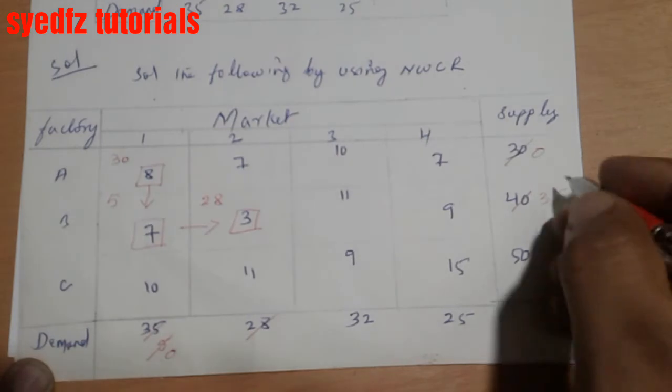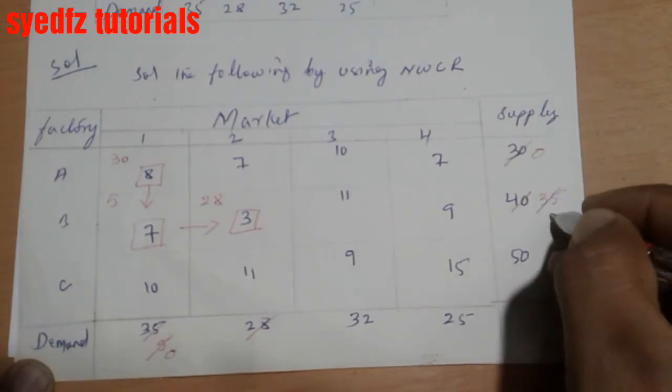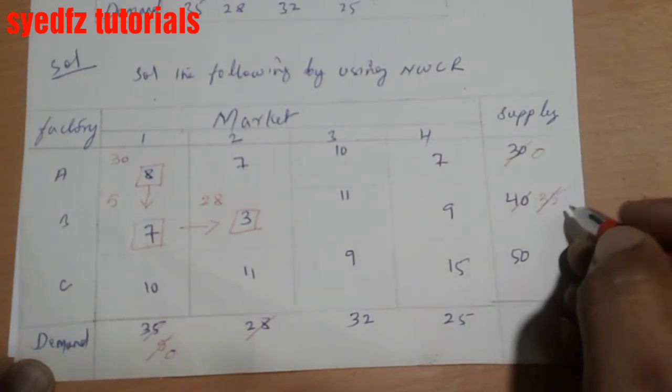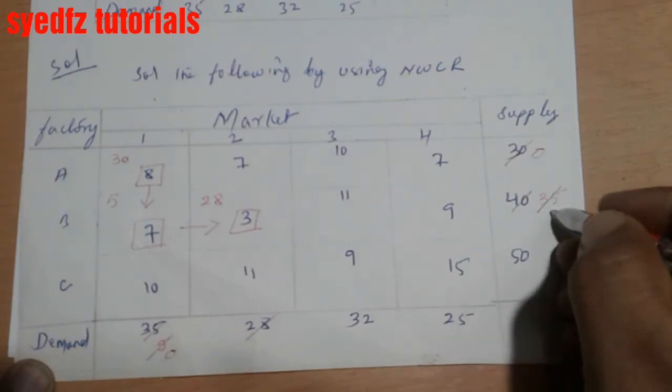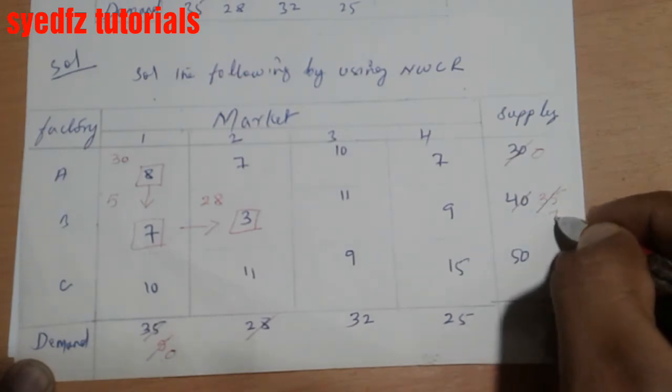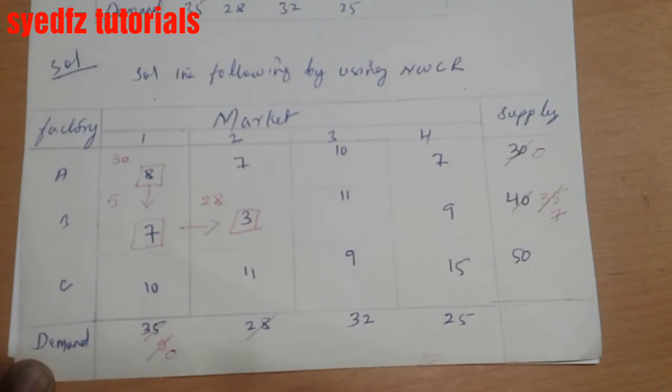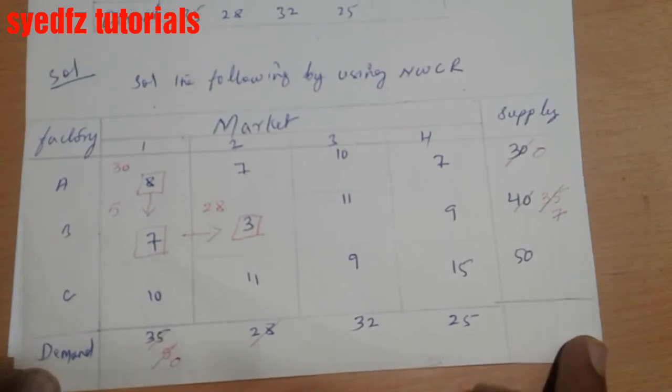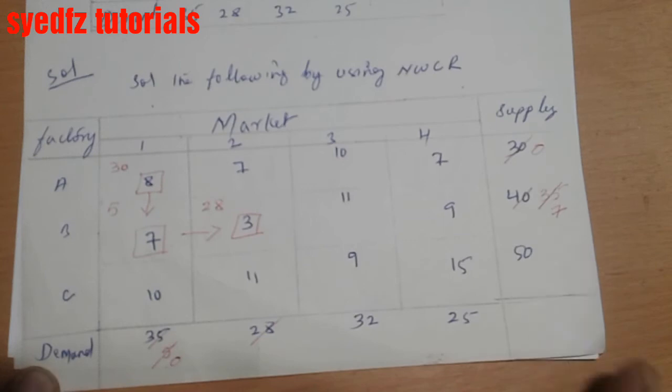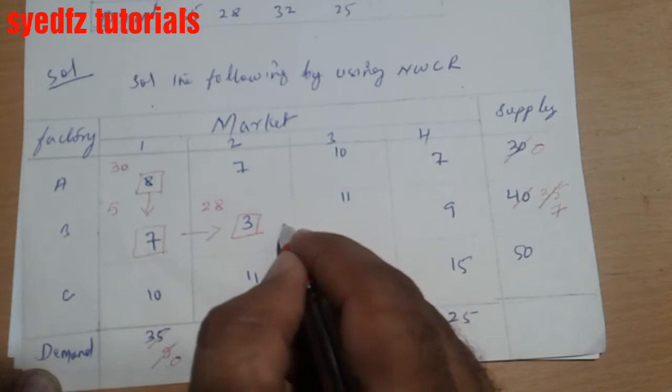Strike it. Now we still have 7 supply. We have supply but we don't have demand, so we have to move to another demand.